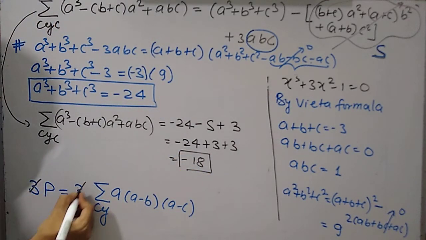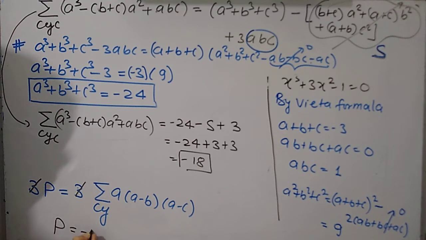So 3 and 3 get cut, and P equal to minus 18.